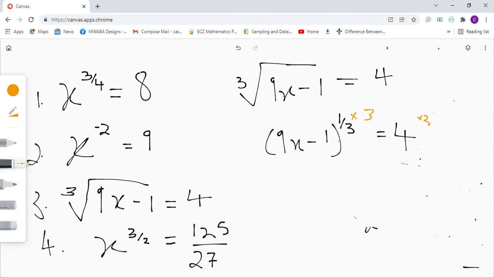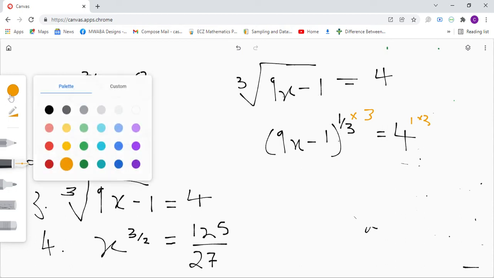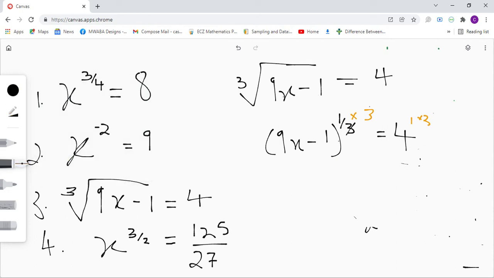Okay, remember 4 is like 4 to the power 1. Alright, so here we cancel each other, everything cancels each other out, so we remain with 9x minus 1, which is equal to 4 to the power 3.